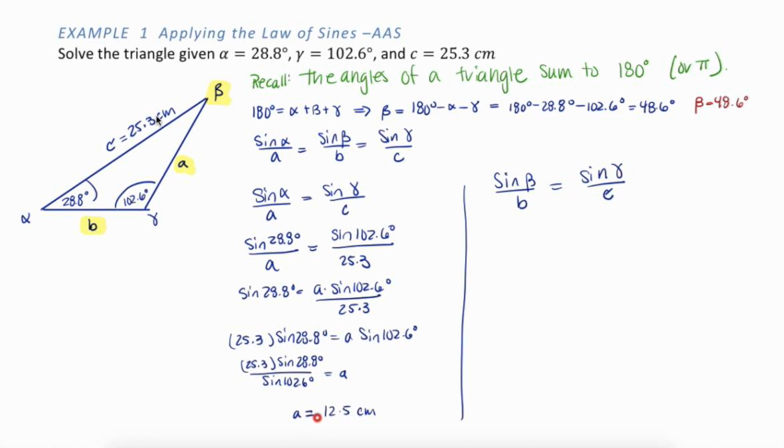If for any reason you made a mistake here, you round it off, your answer could be off for this side B. So it's always best practice, when possible, to use the given information rather than what you've computed. So let's fill in all the known blanks. We have sine of 48.6 degrees over B equals sine of 102.6 degrees over 25.3. Let's simplify this again.